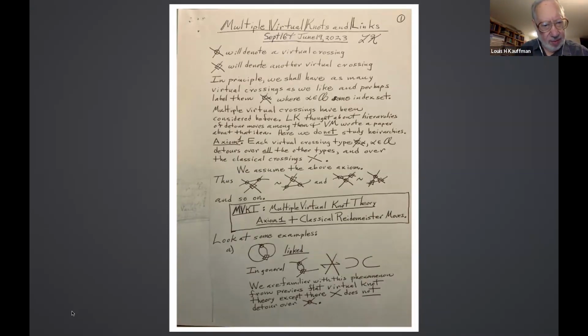But we won't worry about that. We're just going to talk about what I'm going to call multiple virtual knot theory. Now, in the notation for this, I will use a standard virtual crossing, and then I'm going to have another one with a box. And I could have lots of them.